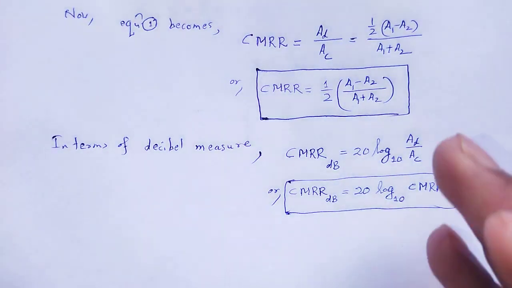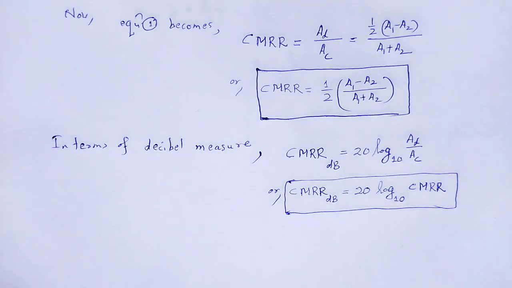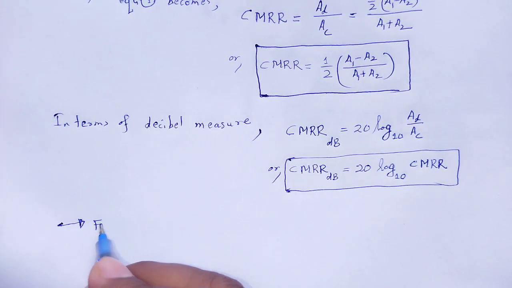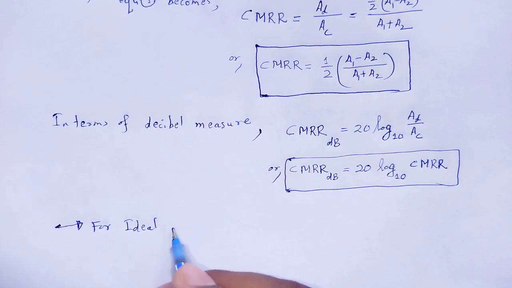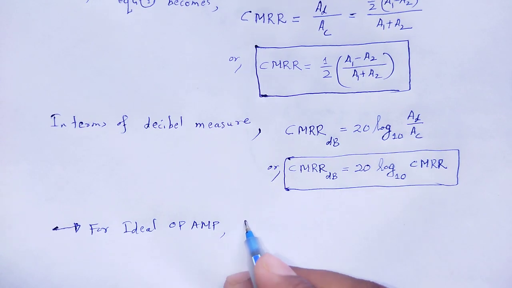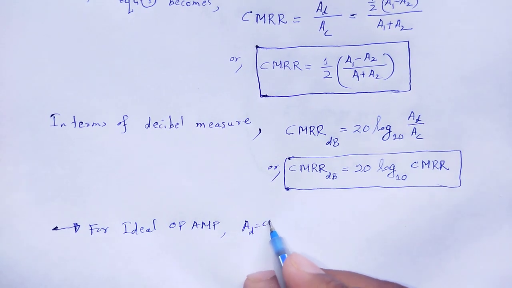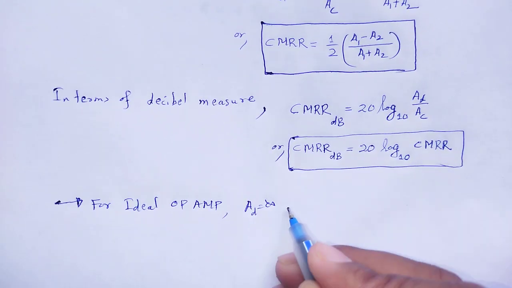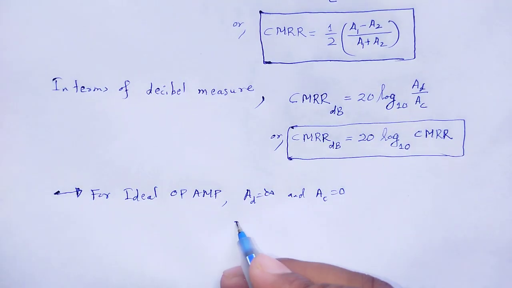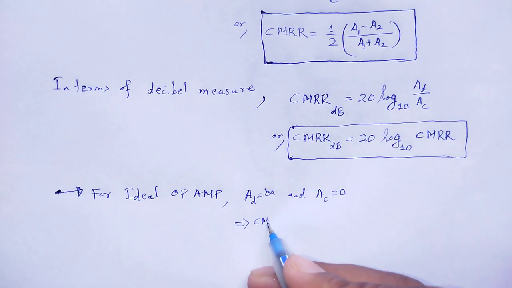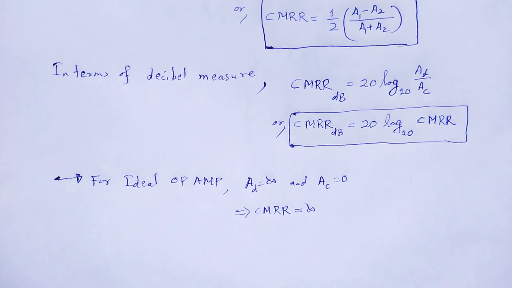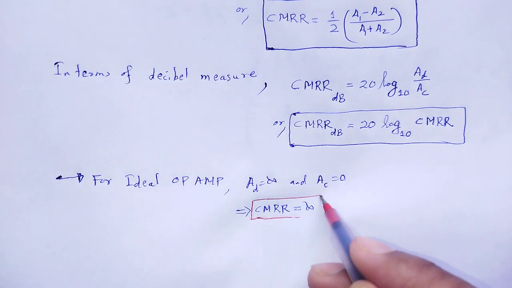So what would be the value of CMRR for an ideal op-amp and a practical op-amp? For an ideal op-amp, AD is infinity and AC is equal to 0. Therefore, its CMRR is also infinity. For an ideal op-amp, CMRR is infinity.